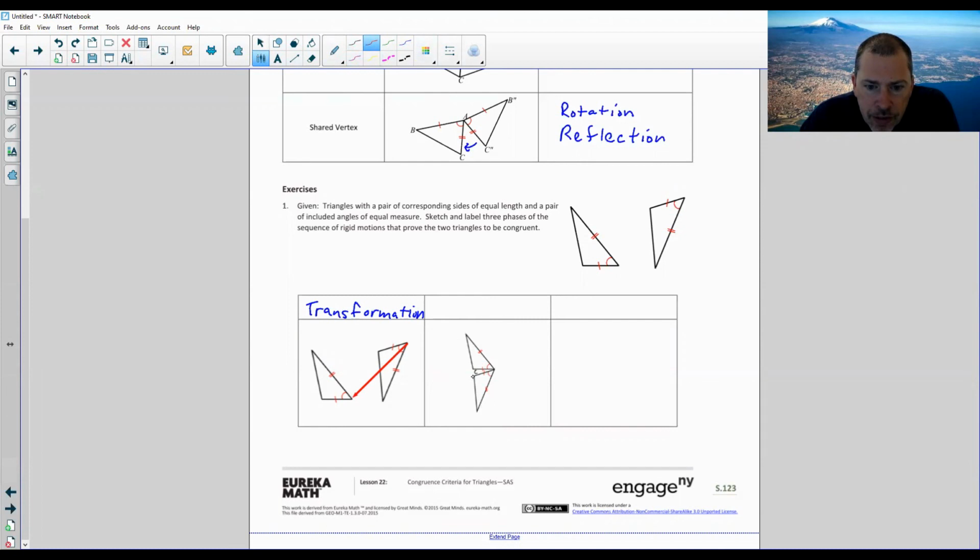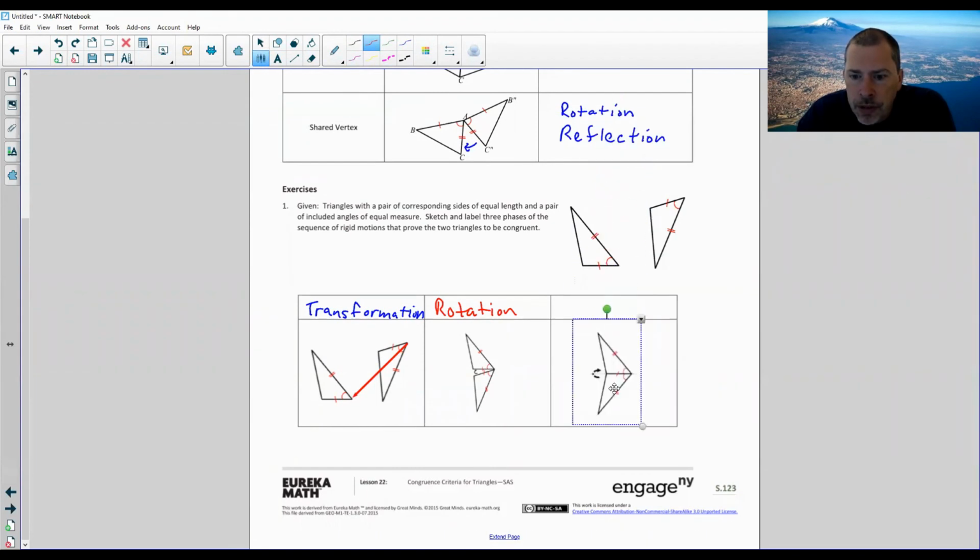So that is it. So what do we have to do in this step? We have to rotate. That's a rotation. Okay, and what would it look like after we rotated it? Well, here we go. Bring this over. And here is what it would look like after the rotation. And at this point, we need to reflect.